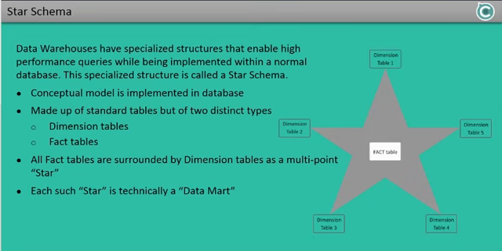Not only that, each data warehouse can contain many such stars or marts. Each mart defines a different unit of data, many a time using dimensions and facts from other marts as well. Let us discuss the uses of star schema in the next screen.